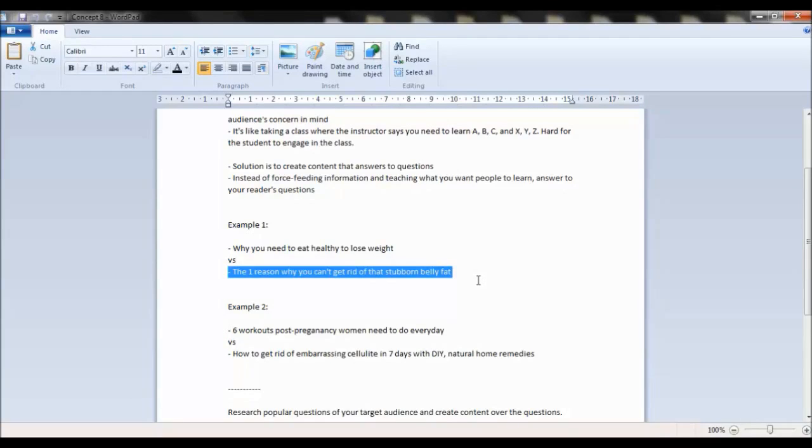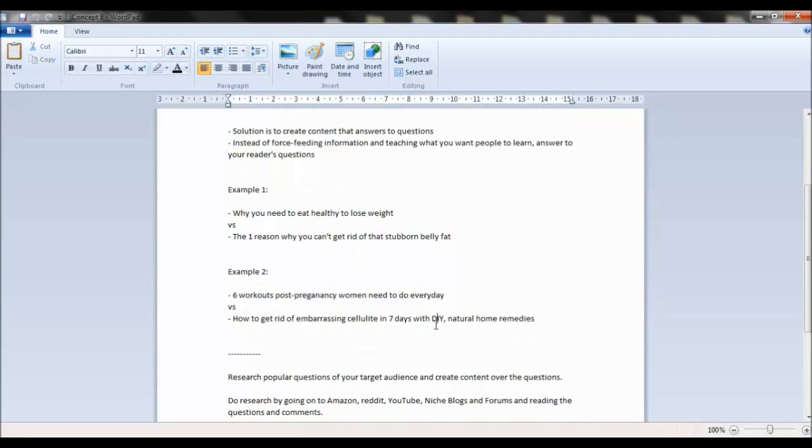So example number 2: six workouts post-pregnancy women need to do every day, versus how to get rid of that embarrassing cellulite in 7 days with do it yourself natural home remedies. Let me repeat that: how to get rid of embarrassing cellulite in 7 days with do it yourself natural home remedies. Now, which one is more interesting and entices you to actually get into?